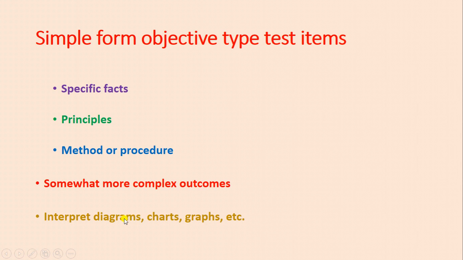They may be somewhat more complex outcomes, charts, graphs. We can ask the students to label the diagrams and charts, and to construct charts and graphs. So these things can be tested through simple form objective type test.